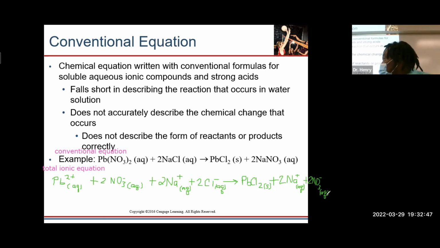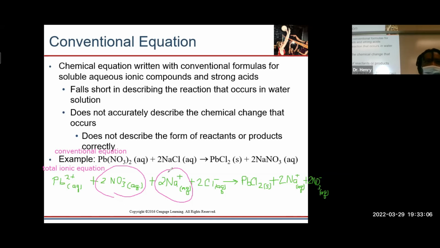And so, in this chemical reaction, we have what we call spectators. I'm going to circle those guys in pink. Okay, so for this reaction, nitrate is a spectator, sodium is a spectator. The way that we know that is because they look exactly the same on both sides of the equation.